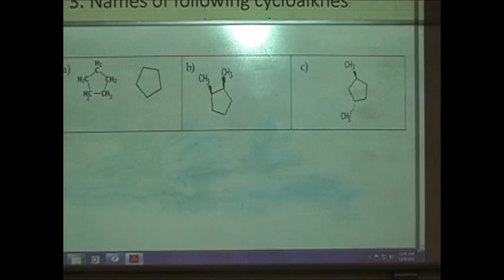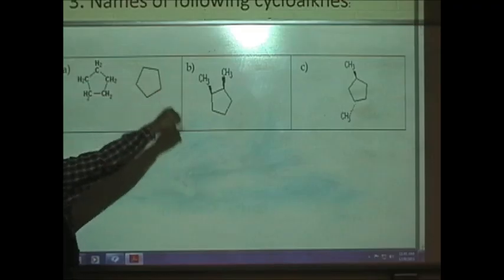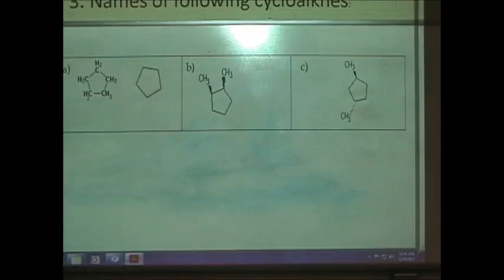Naming cycloalkanes. Of course, if you have 5 carbon atoms in the ring, it is called cyclopentane. Because of the structural rigidity, like in alkenes, you have cis and trans isomerism.